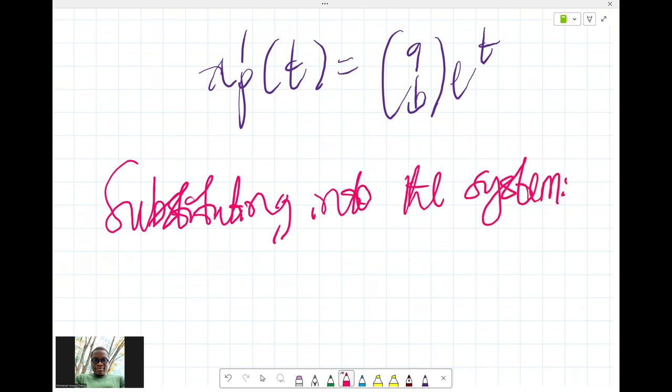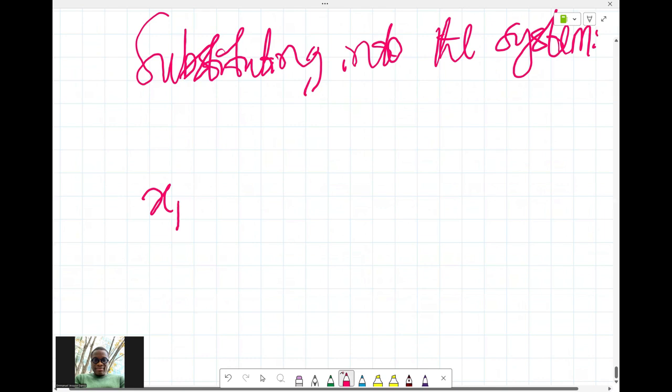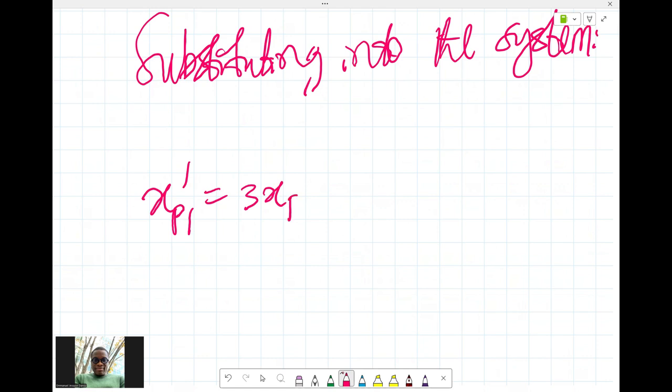If you remember the original system, it's important to remember the original system is x1. So we can now say xp1 prime equals 3xp1 plus 4xp2, plus e raised power t that was there originally.